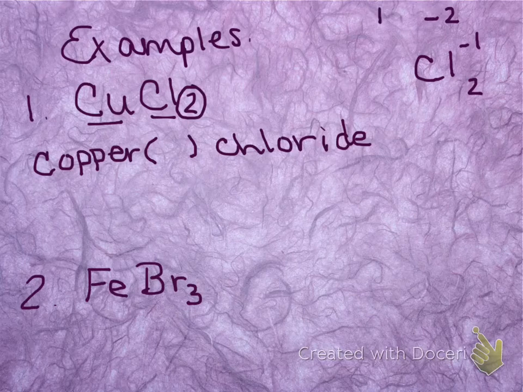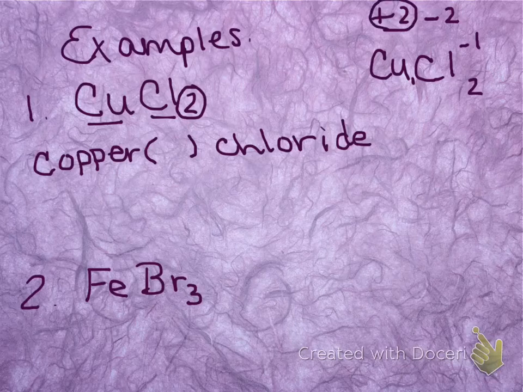That means that we have to have +2 charge to balance that out so that it's neutral. If you look, because there's no subscript, that means we only have 1 copper. So that copper has to have a charge of +2 in order to balance the charges of the compound out.